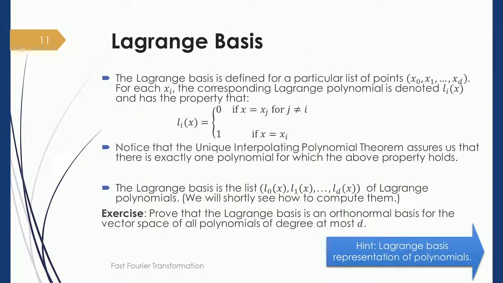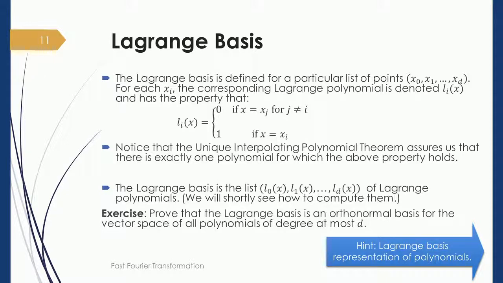The Lagrange basis therefore is the list of these Lagrange polynomials: L sub 0 of x, L sub 1 of x, and so on up to L sub d of x. A good exercise for you would be to show that this Lagrange basis is in fact an orthonormal basis for the vector space of all polynomials of degree at most d.